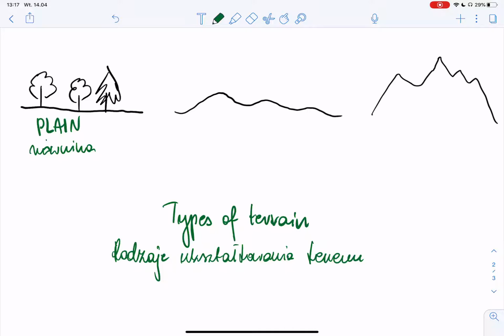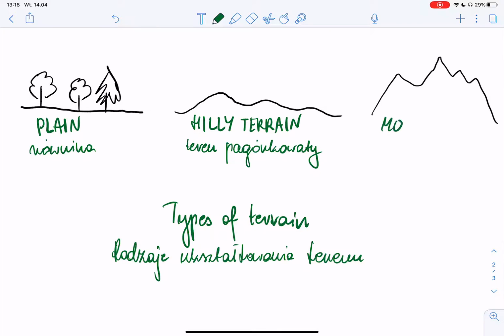It's just a flat, vast space. We might also have hilly terrain, czyli po polsku teren pagórkowaty. And the last one, in Poland most obvious in the very south of the country, which are mountains. Teren górzysty.